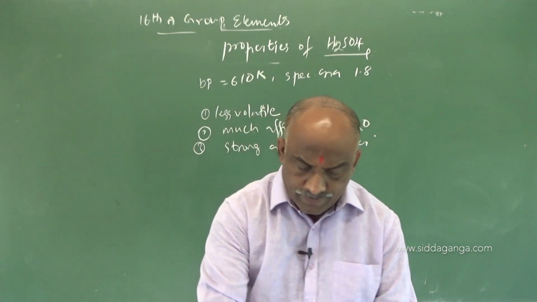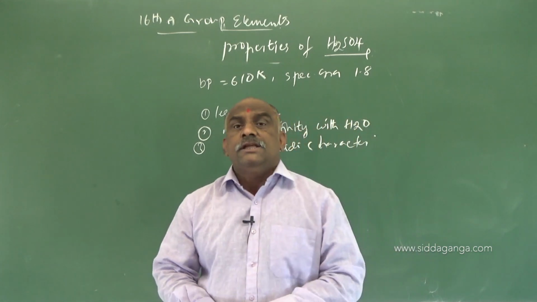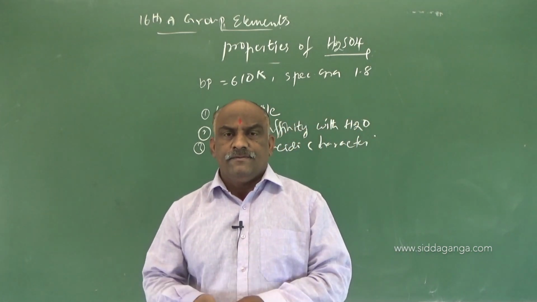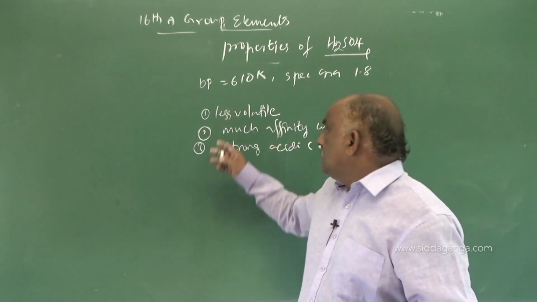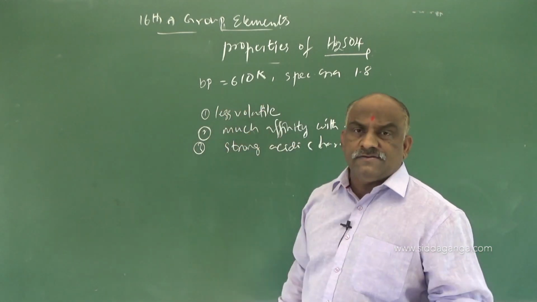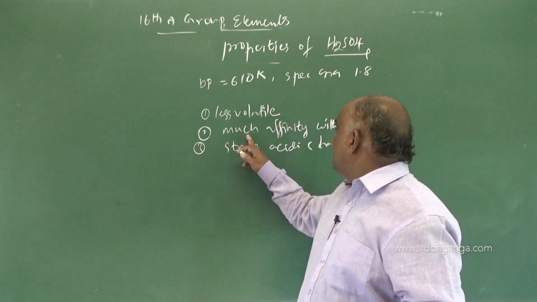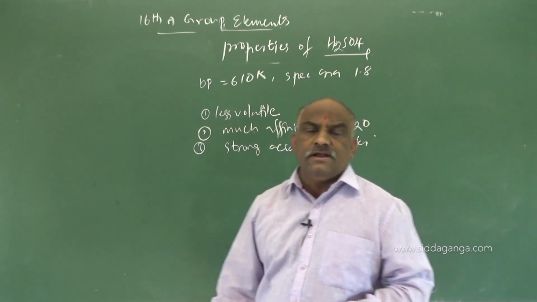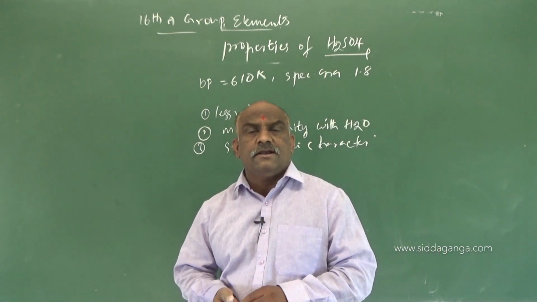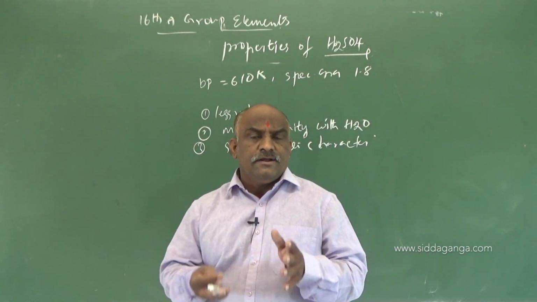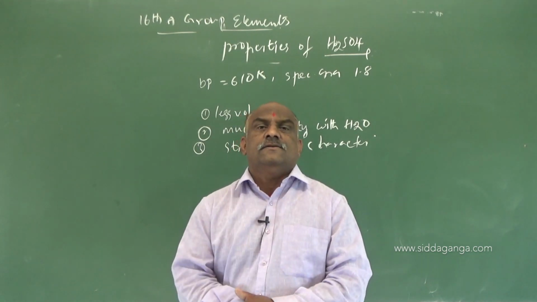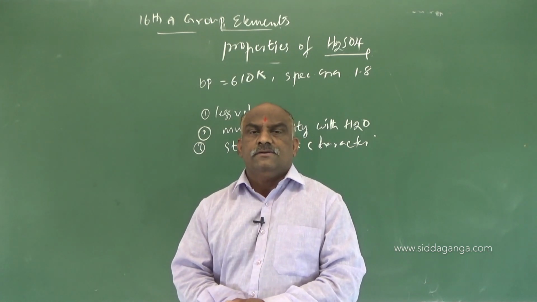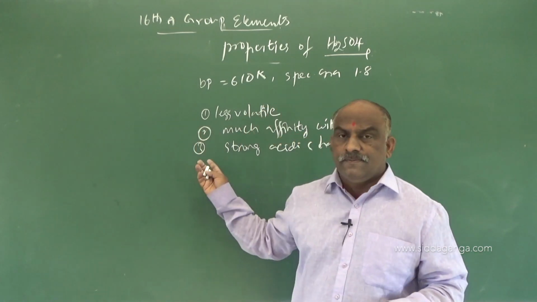Compared to H3PO4, it is more volatile. So, based on the low volatility of sulfuric acid, its much affinity with water, and its strong acidic character, we can discuss the properties of sulfuric acid with respect to these points.